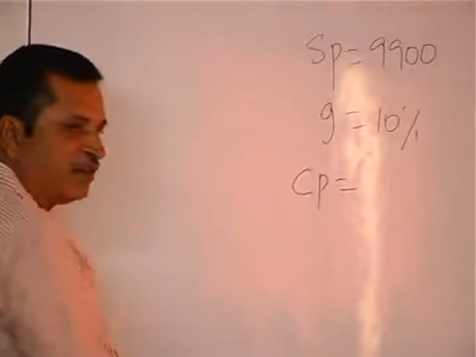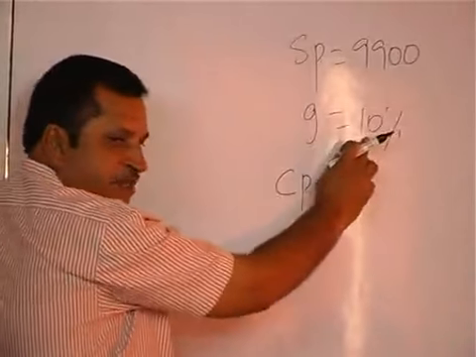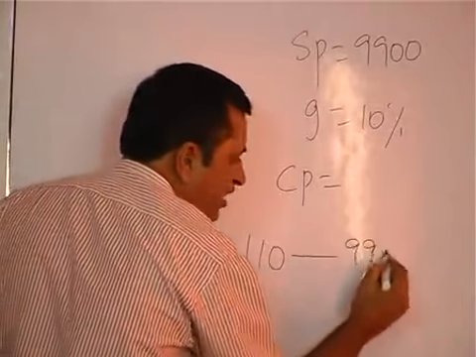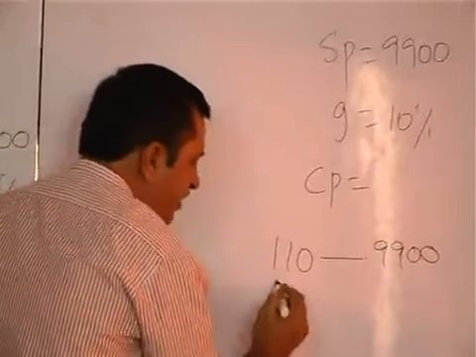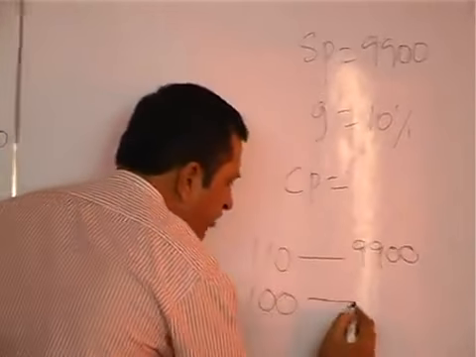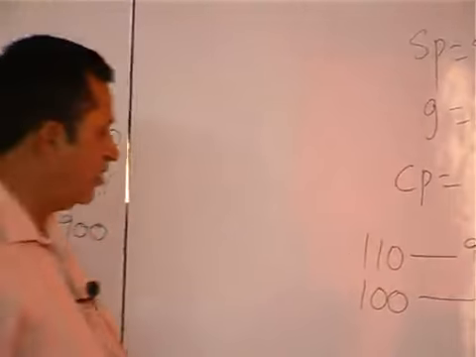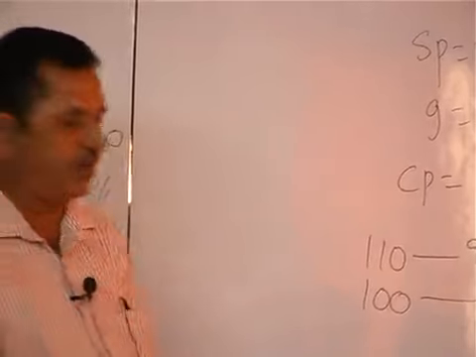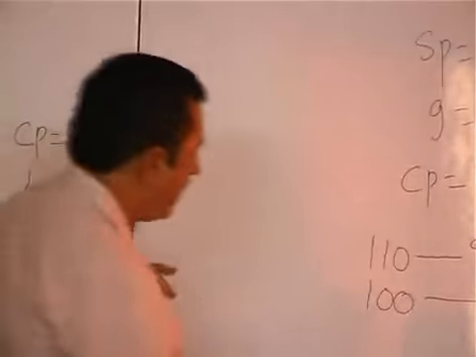We go with the shortcut method only, no need for a formula. Gain 10% means 110 is equal to 9,900, is it not? Then you want the cost price, so 100 will be equal to how much? 110 is equal to 9,900, so the value of 100 will be less.